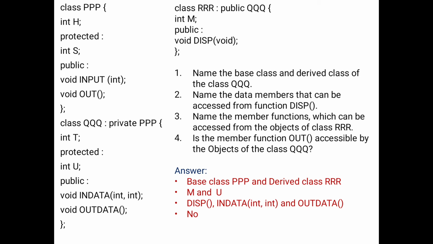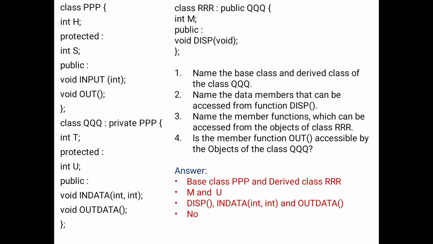However, int h, which is by default private, cannot be inherited at all, even if the derived class is inheriting privately. It still cannot be accessed.